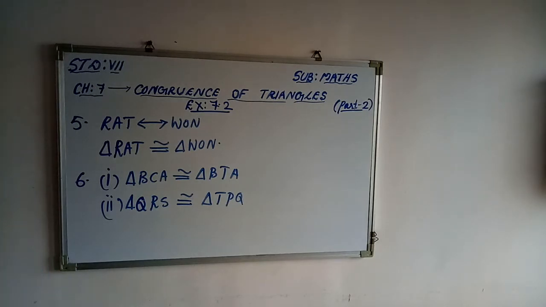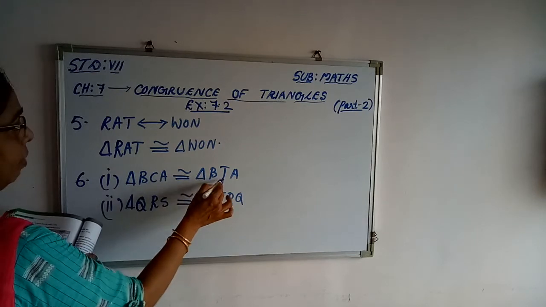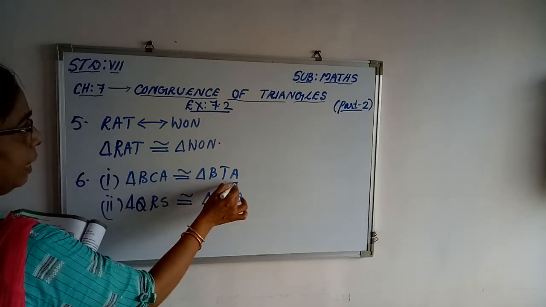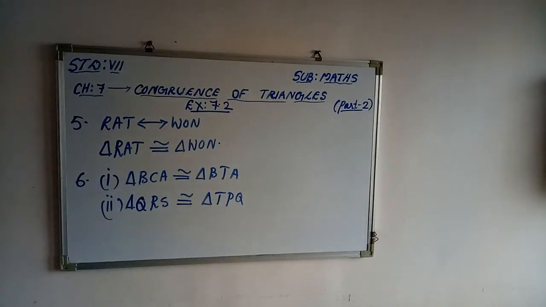Next, CA equal to TA. Then next, BA is equal to BA. Why? Because BA is common to both the triangles. You can see the figure. So BC is equal to BT given, CA is equal to TA given, and BA is common to both the triangles.